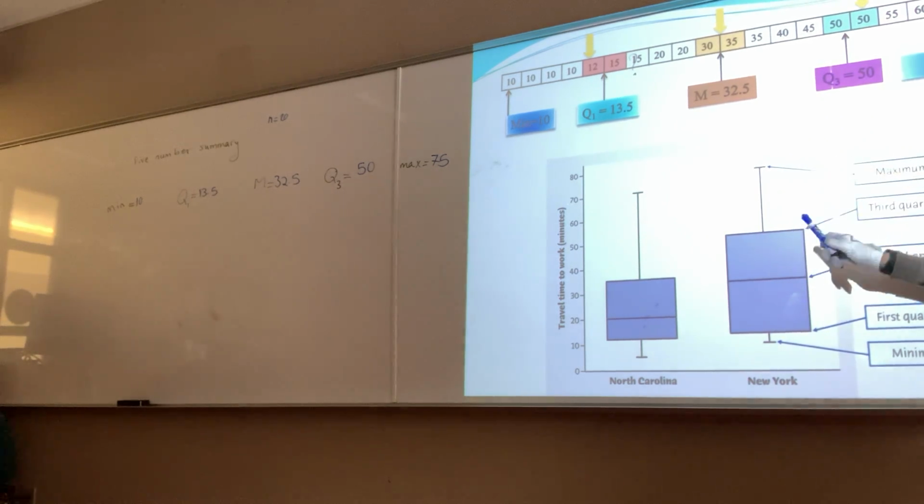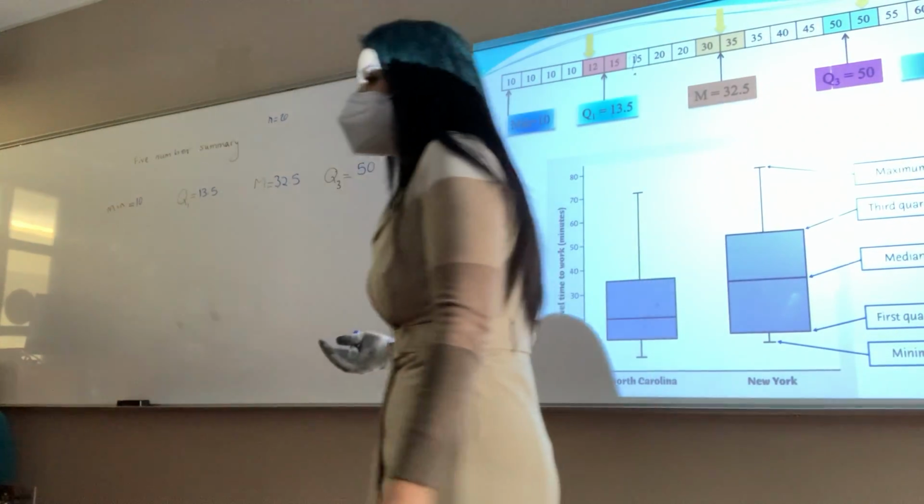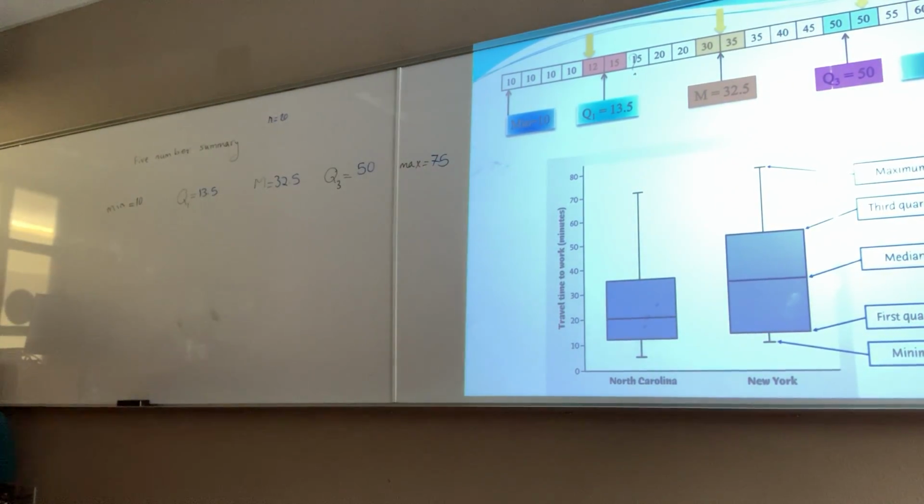That's the way we will say there are 25% of people in New York who travel between 50 minutes and 75 minutes. And half of the people travel less than 32.5 minutes, which is the median, right?